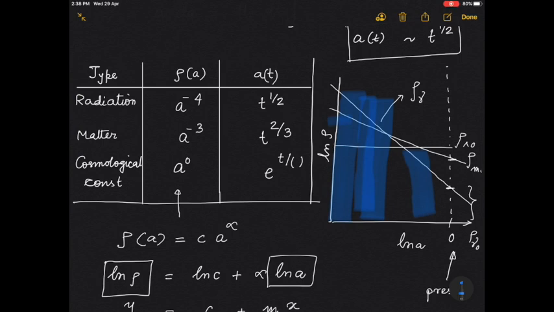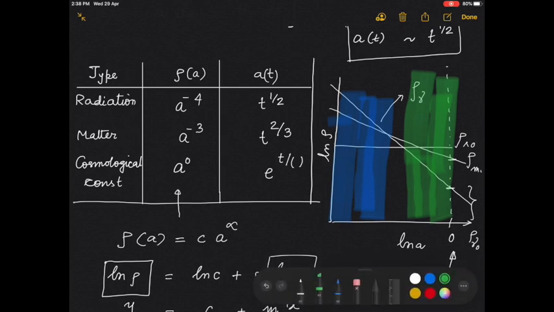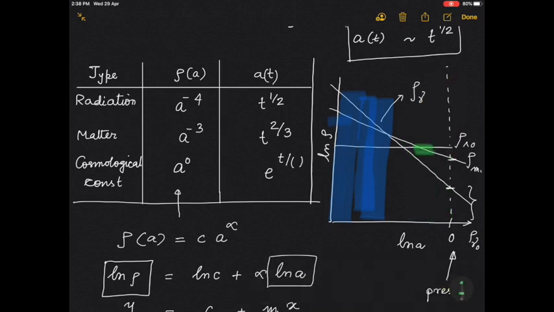On the other hand, here, let me draw it with a different color. This region of the universe is cosmological constant dominated. I'm sorry, I shaded the region wrongly, so let me go back.